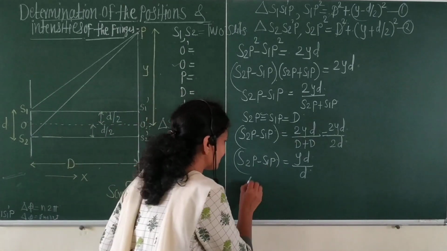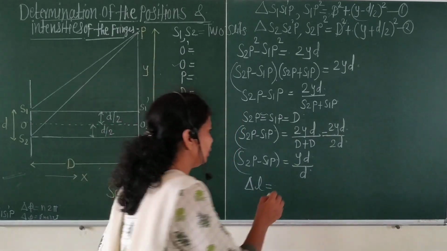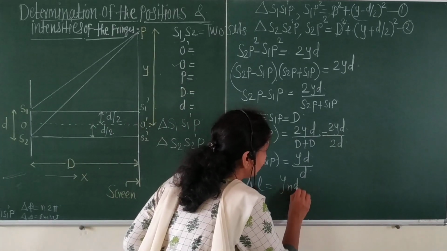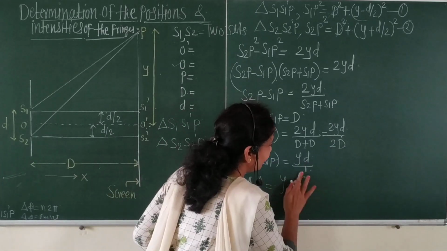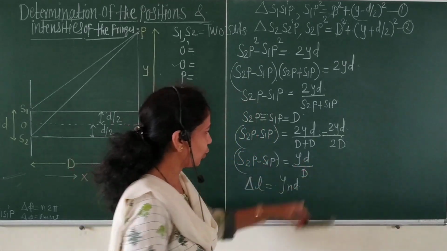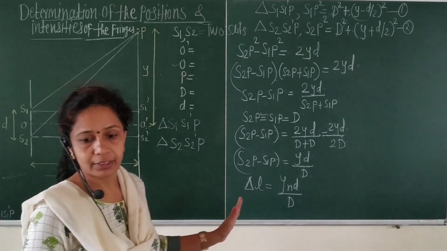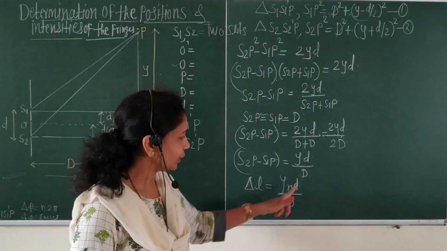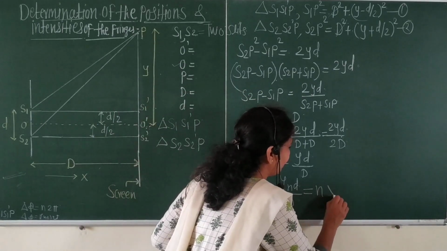Therefore, the path difference, denoted by delta L, is equal to yn into small d upon capital D, which is equal to n lambda.